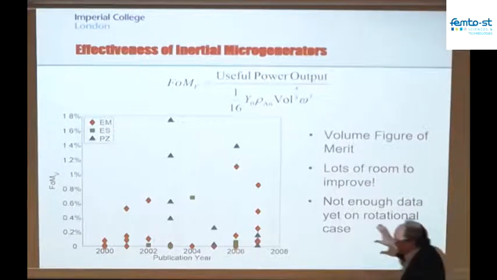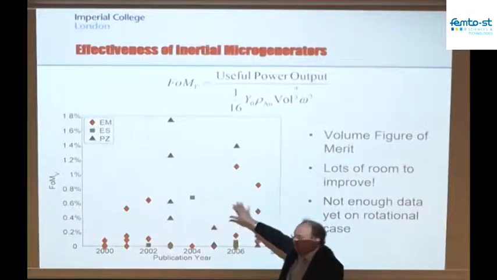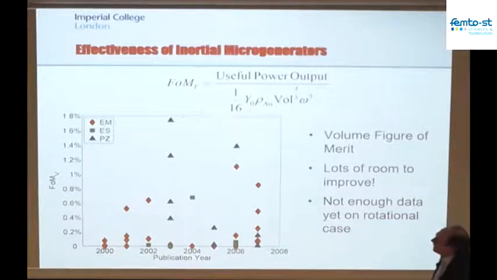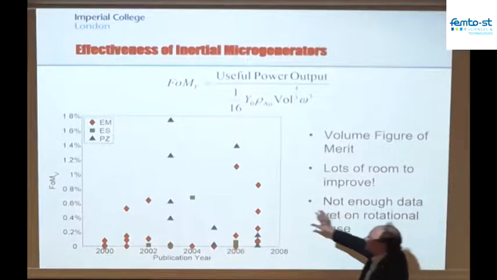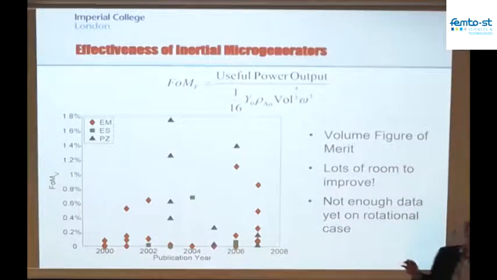But the trend still is that the volumetric figure of merit values for the vast majority of energy harvesting devices are down in the single percent, suggesting that if we built the devices better, we could potentially do 100 times better than what is typically demonstrated.